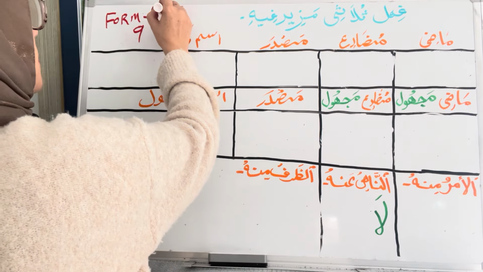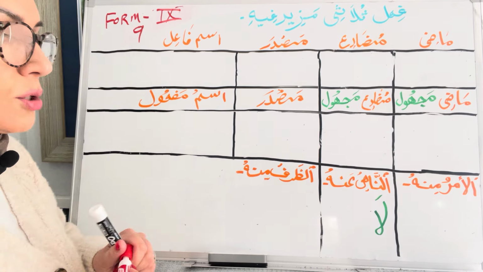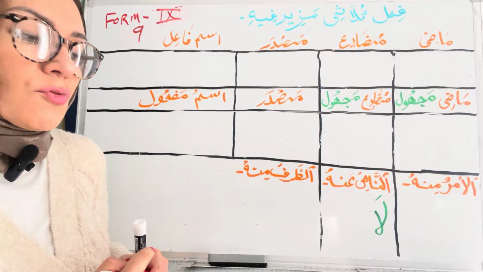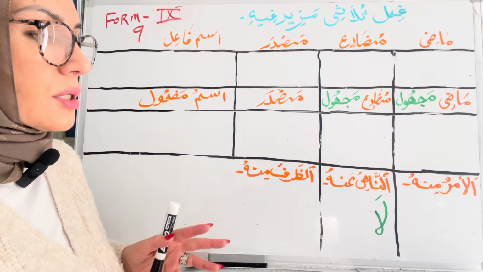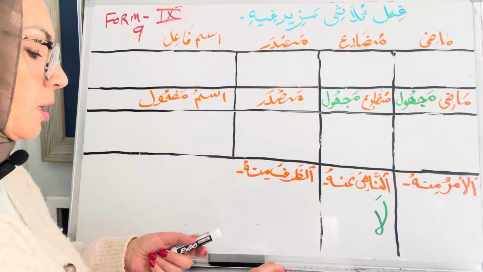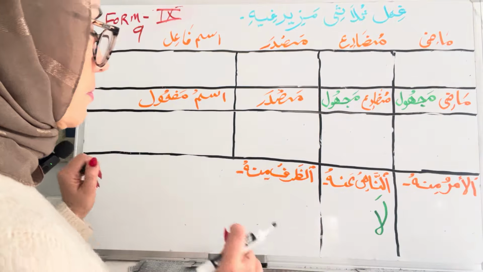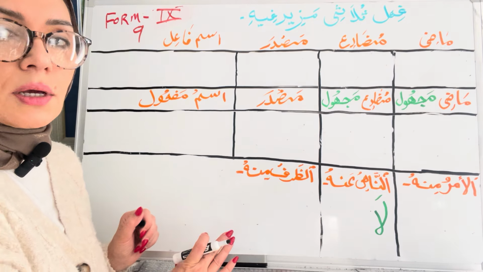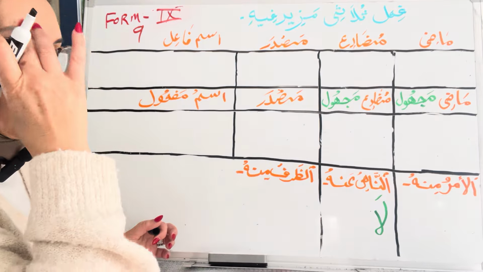Okay, so here we're not going to go through the whole thing for this form because this is only used when it's talking about colors and body defects. Since there's not a lot of stuff on this, I'm just going to give you what's added, and then we're just going to move on, inshallah, to Form 10.